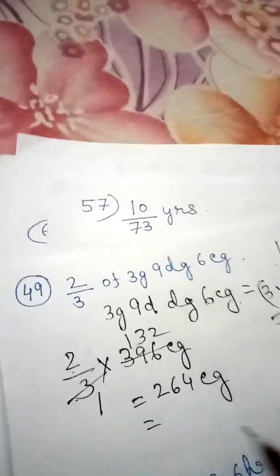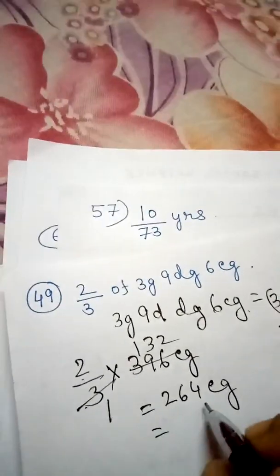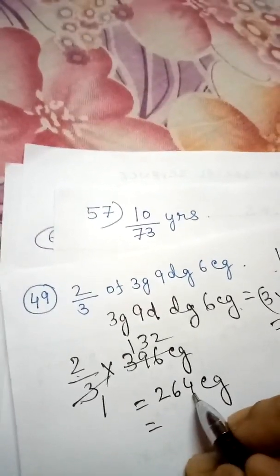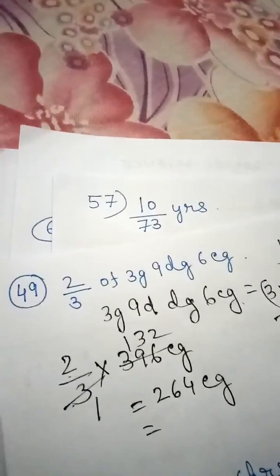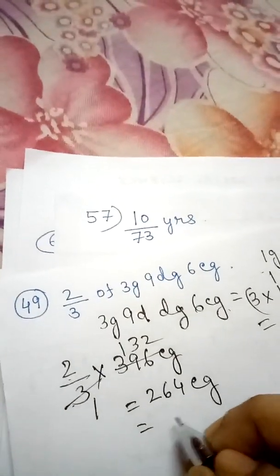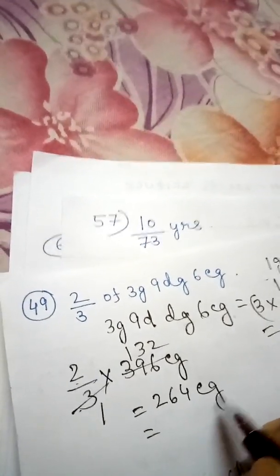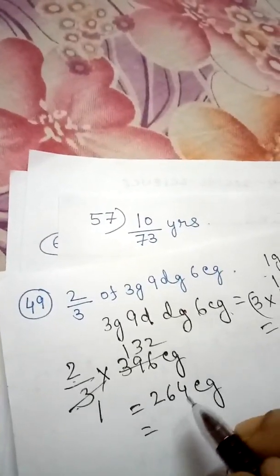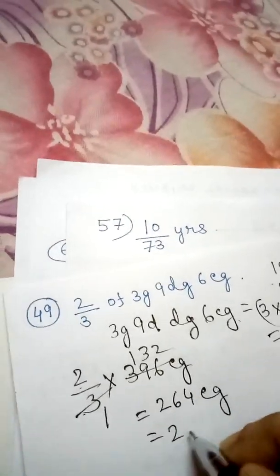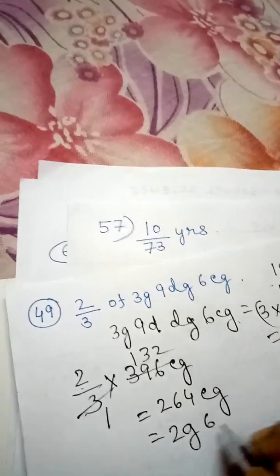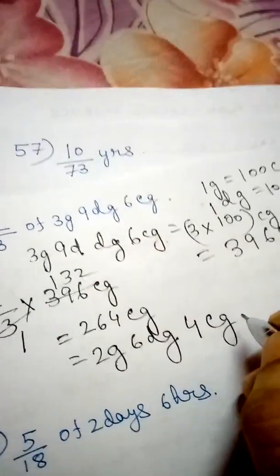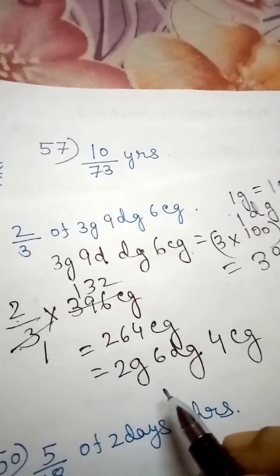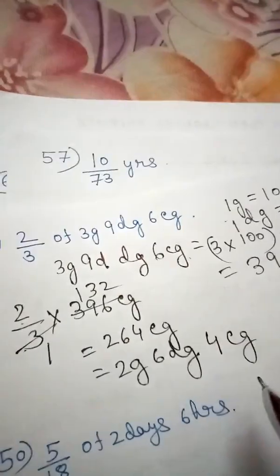Again we will convert this into a compound quantity, that is, if this is the unit place, if this is centigram, then this one is decigram, this one is gram. You have already done the conversion of simple quantities to compound quantities. So this is 2 gram, 6 decigram, 4 centigram. So write down the answer. The required value is 2 gram, 6 decigram, 4 centigram.